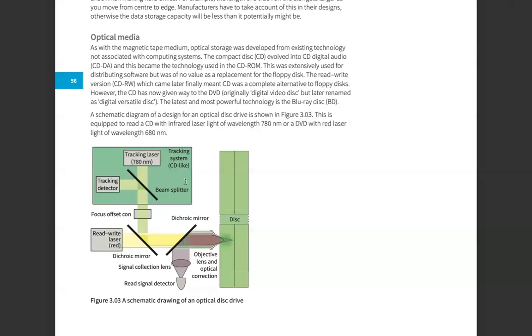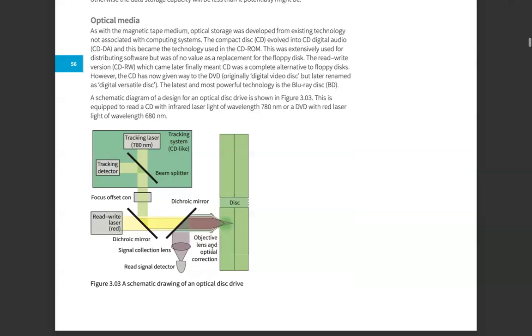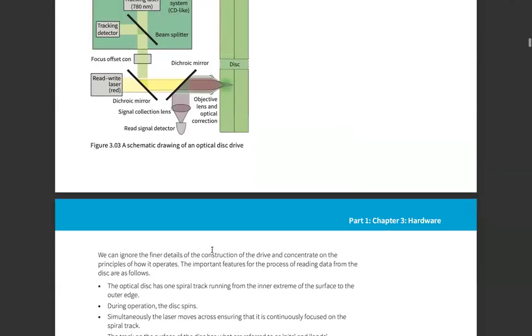On top there is the beam splitter, and inside it we have a tracking detector and also a tracking laser. This whole thing we call the tracking system. That's what we call a CD. Here there is the read-write laser, with which all the relevant points are read.